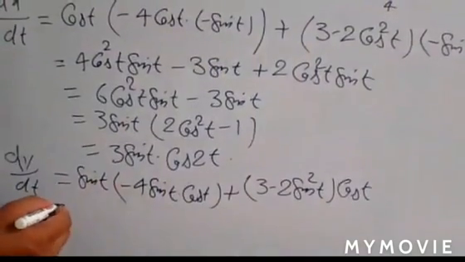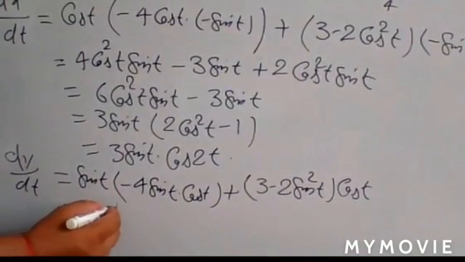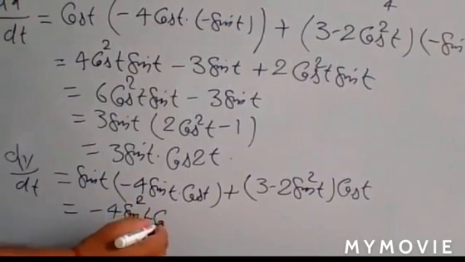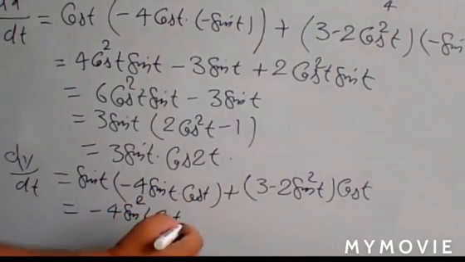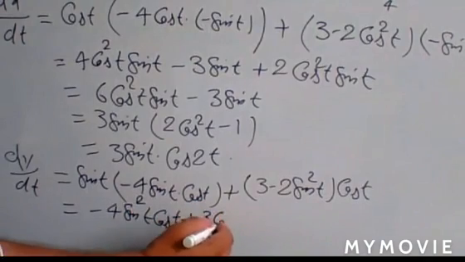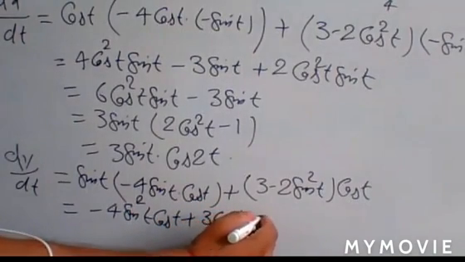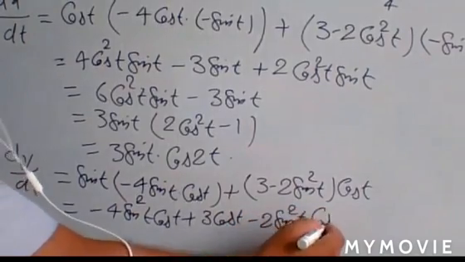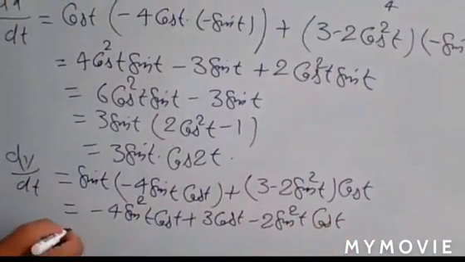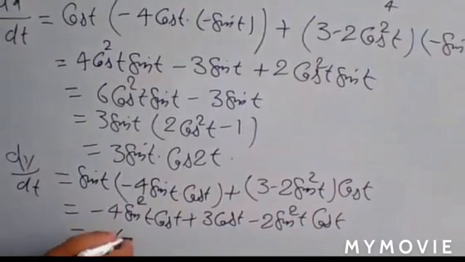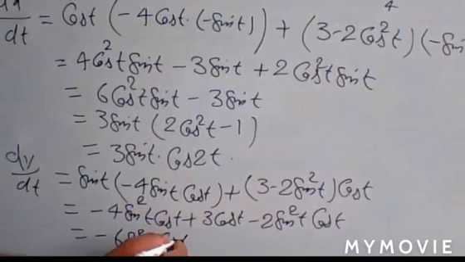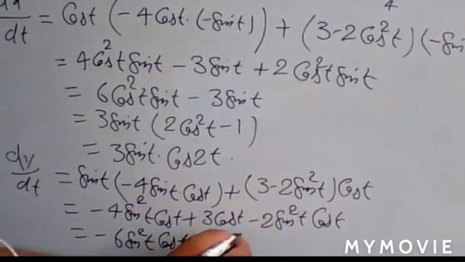Simplifying, minus 4 sin square t cos t plus 3 cos t minus 2 sin square t cos t, so you have minus 6 sin square t cos t plus 3 cos t.